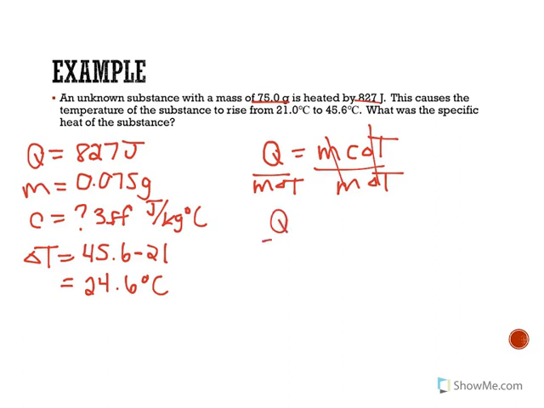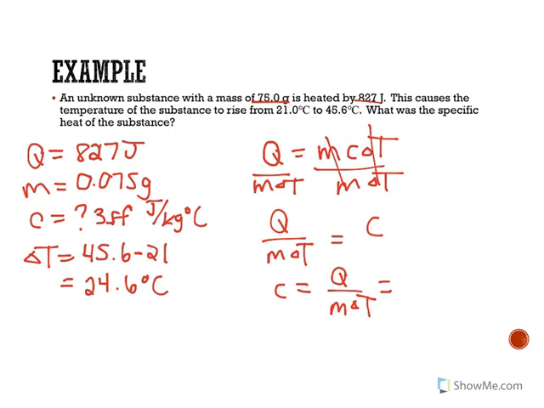So Q over m delta T is equal to C. And remember, I could have just gone straight to C is equal to Q over m delta T. Both those two steps are the exact same thing. So if you want to go straight to flipping around that equation, there's no problem with that.